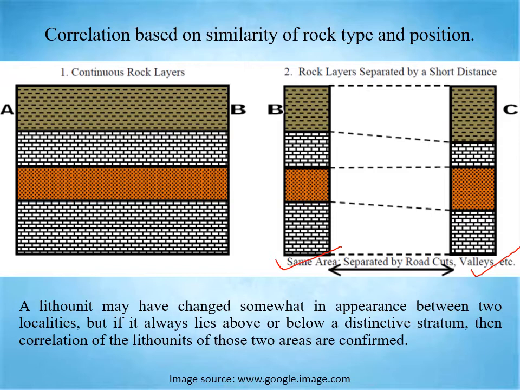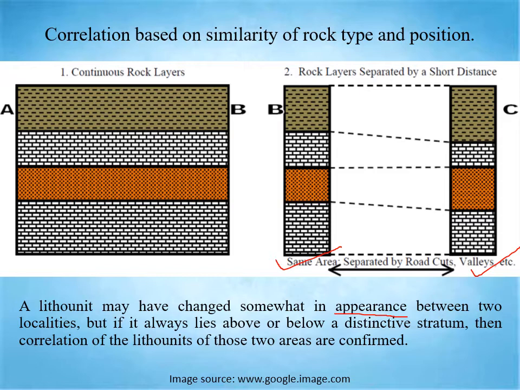We have to observe whether the litho units are the same or not, as well as closely look at the appearance of that particular rock unit with respect to its upper and lower litho units.